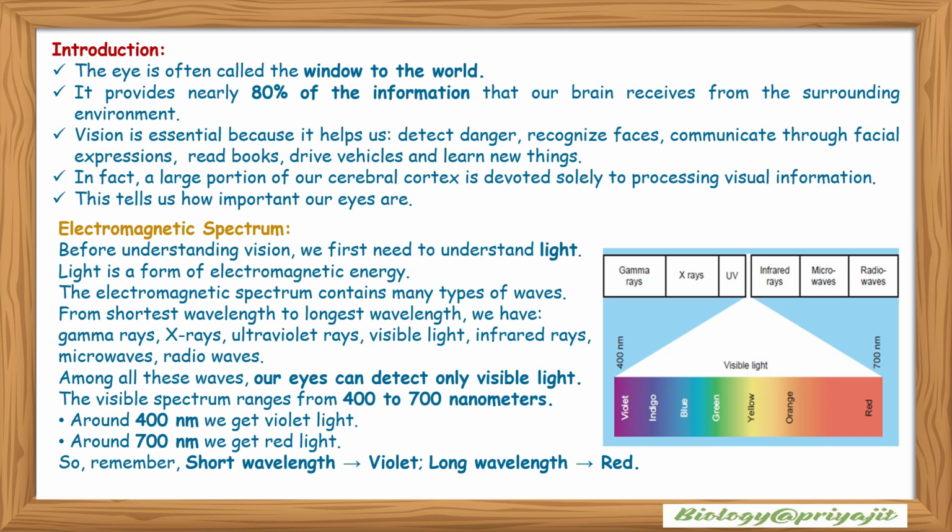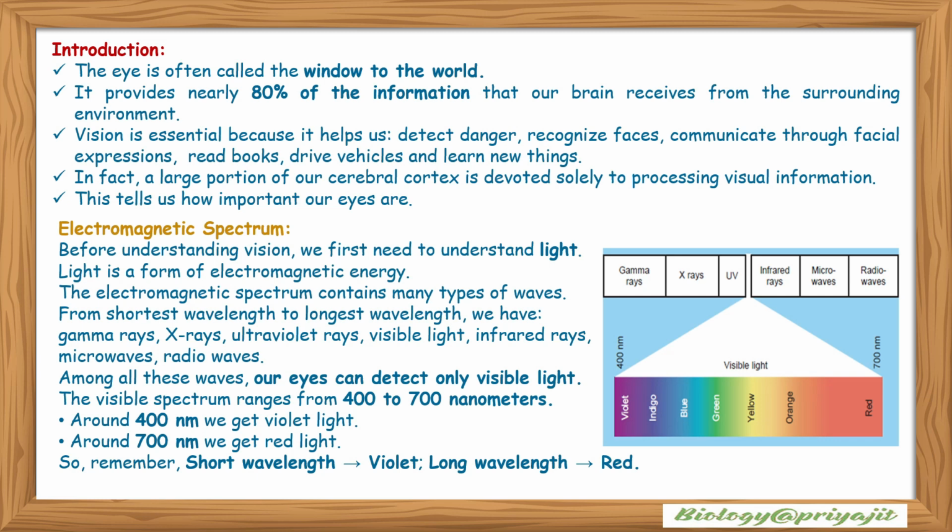Electromagnetic spectrum. Before understanding vision, we first need to understand light. Light is a form of electromagnetic energy. The electromagnetic spectrum contains many types of waves from shortest wavelength to longest wavelength. We have gamma rays, X-rays, ultraviolet rays, visible light, infrared rays, microwaves, radio waves.